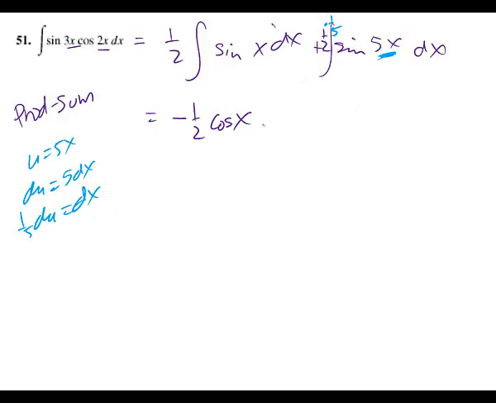Alright, so 1/5. So what's 1/2 times 1/5? I don't really need to write out the whole u, right? I could just add in the 1/5. So when we integrate sine, what do we get again? Negative cosine of the 5x plus c. All right, we good?